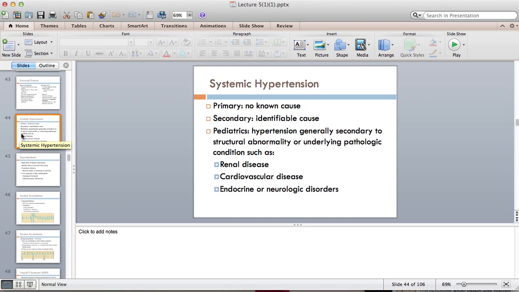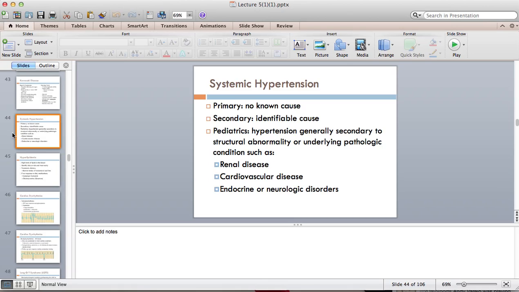Most of it will stem from renal disease. Remember, we said chronic renal failure will be a complication, or they have a cardiac disease, or an endocrine or neurologic problem that can lead to hypertension.